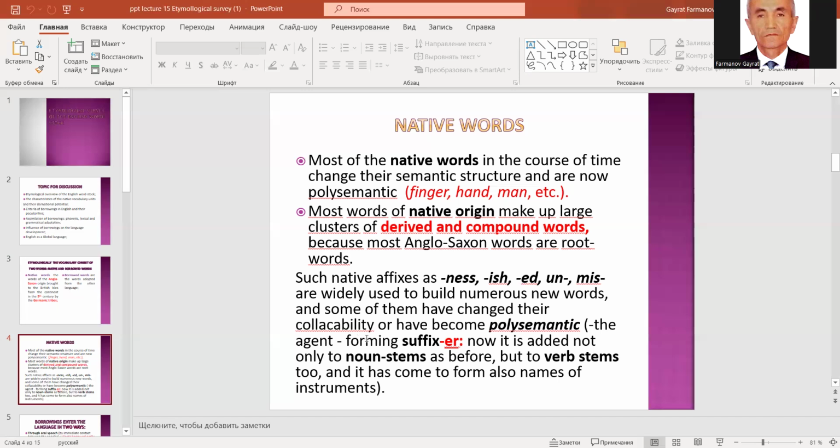The agent-forming suffix "-er" is now added not only to noun stems as before, but to verb stems too, and it has come to form also names of instruments.